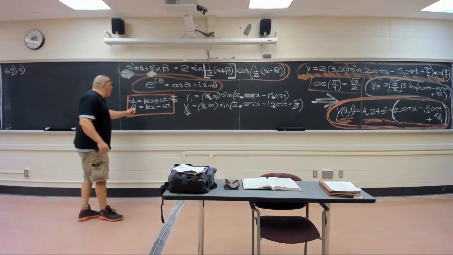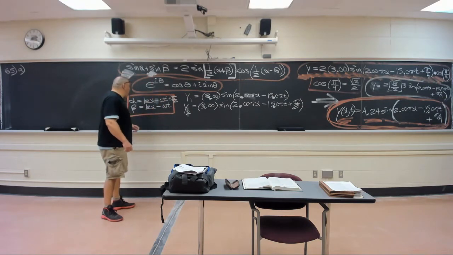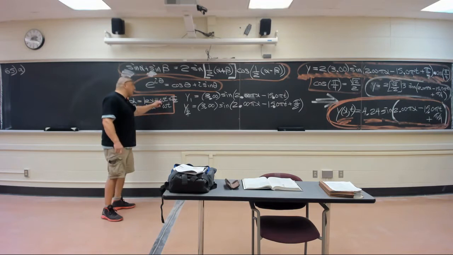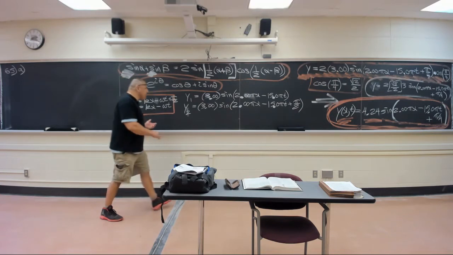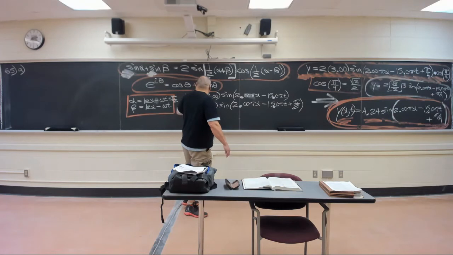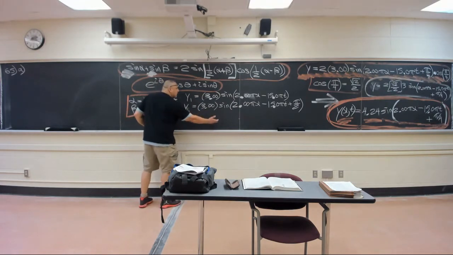Let's call alpha kx minus omega t plus pi over 2, and let's call beta kx minus omega t, nothing else, plus 0. So beta is kx minus omega t, and alpha is kx minus omega t plus pi over 2. Here's alpha, here's beta. They gave the wave function y1 equal to the following right here, and the wave function y2 equal to this right here.